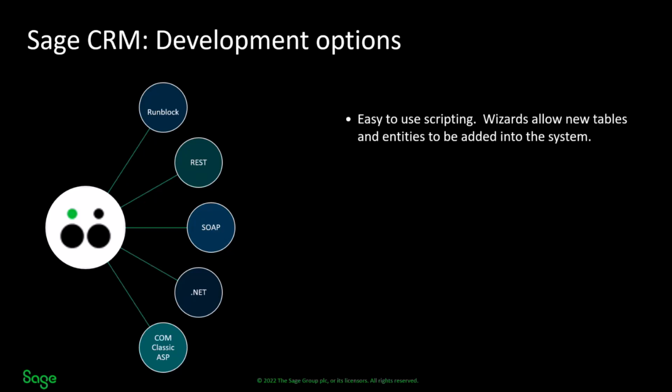But basically I'm going to code using, if it's the classic ASP pages, some JavaScript, and if it's the .NET API, you can write in anything, but typically we write in C#. You'll be able to do whatever you like there and create the screens that you want.